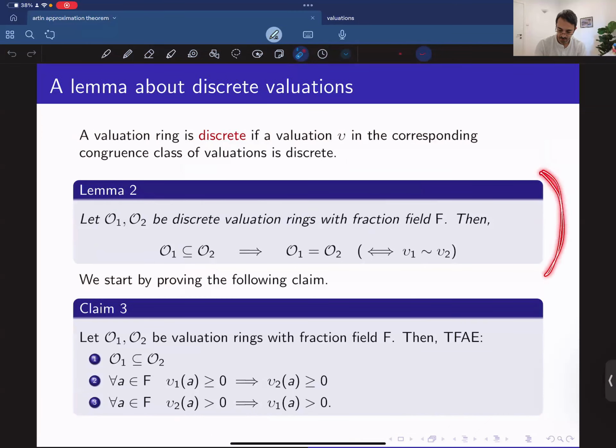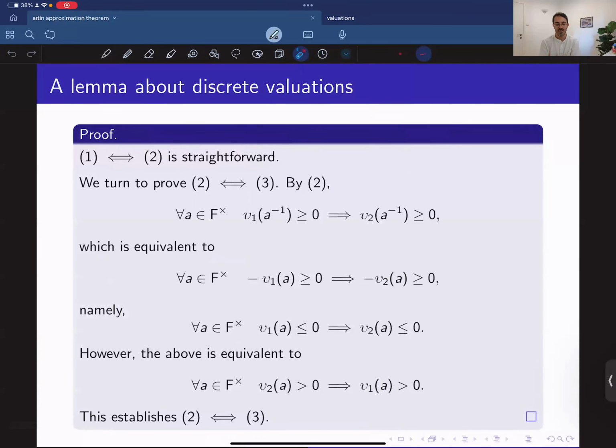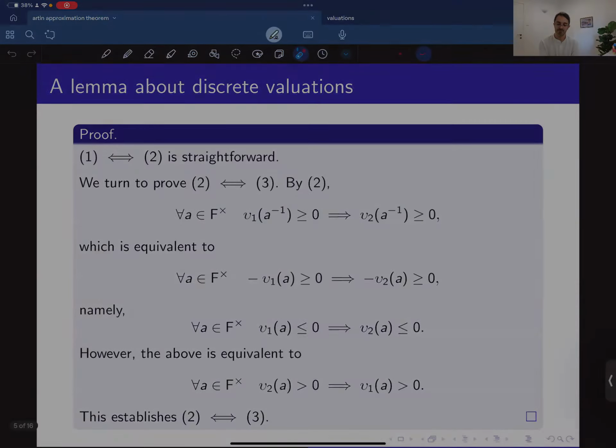This little lemma is actually kind of insightful. You prove something about the maximality of valuation rings by arguing about the valuations and not working with the valuation rings themselves. Of course, you could have, and then you would have to consider the maximal ideals and so forth. But you see, that's a very clean proof, just an arithmetic proof, not ring theoretic in a sense.